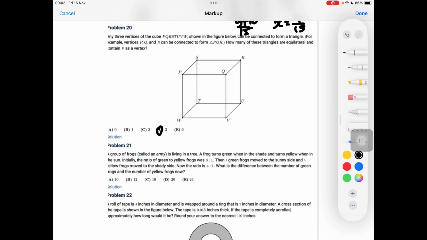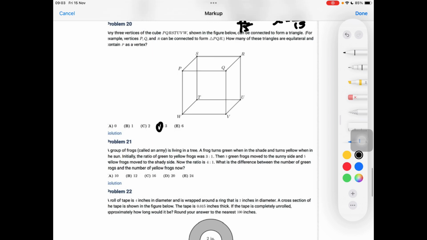So I think this is 3 because I can consider only diagonals. And if I consider P to U, for example, it's not a good idea to connect from P to U because we cannot compose an equilateral triangle with that diagonal.